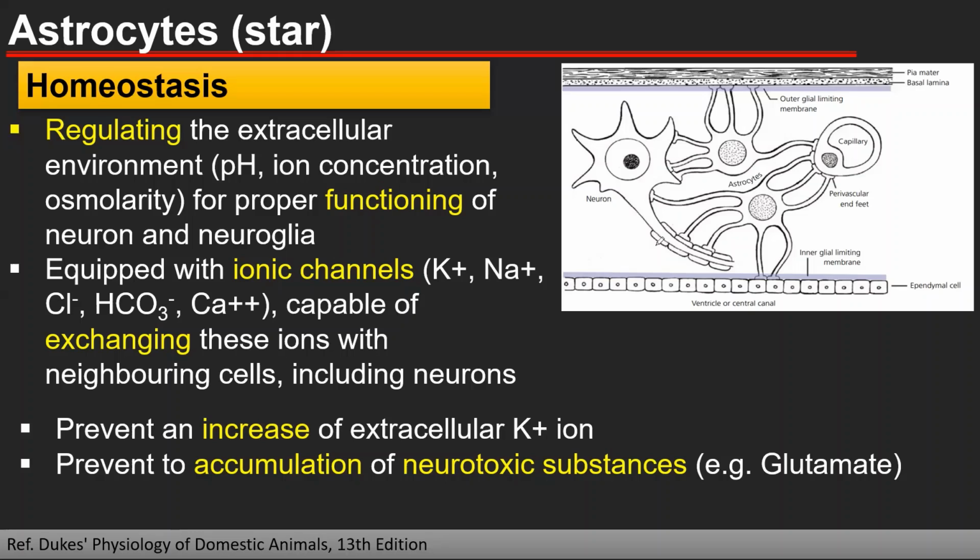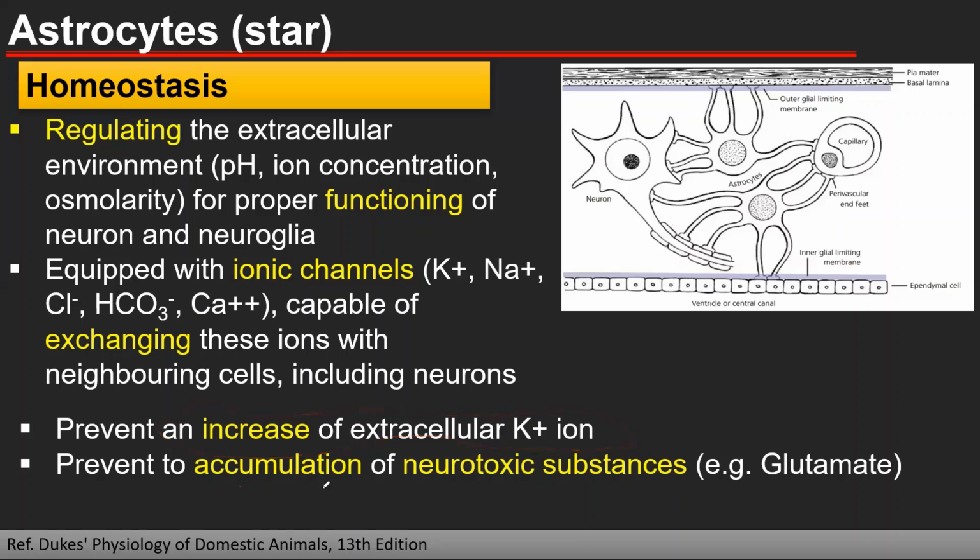To maintain the potassium ion in the extracellular fluid, the astrocyte takes up the potassium and releases it to other areas of the nervous system where the neurons are less active. In that way they also maintain the ionic concentration of the nervous system so the neuron can function properly. And it prevents the increase of extracellular potassium ion.